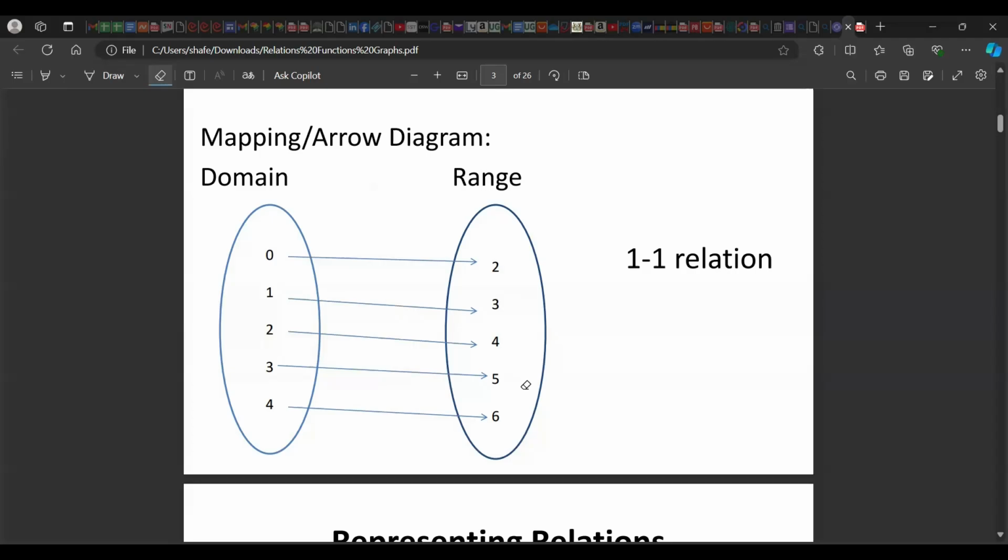Sometimes I've seen mappings where instead of the range, they put the codomain, and the other members of the codomain can be put in here, missing the ones that you want to include.